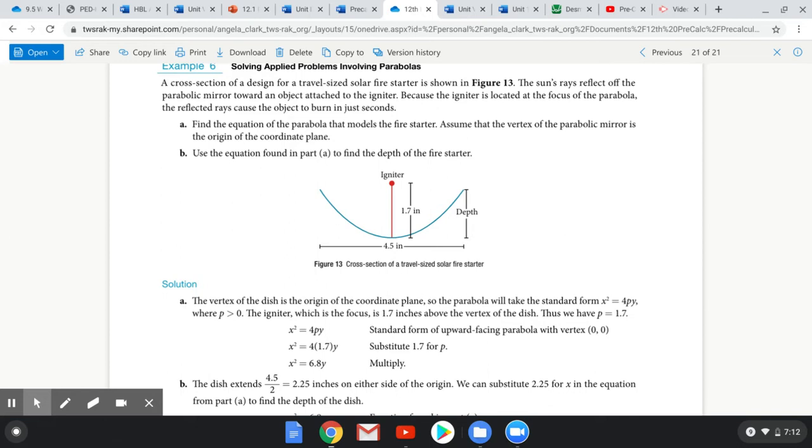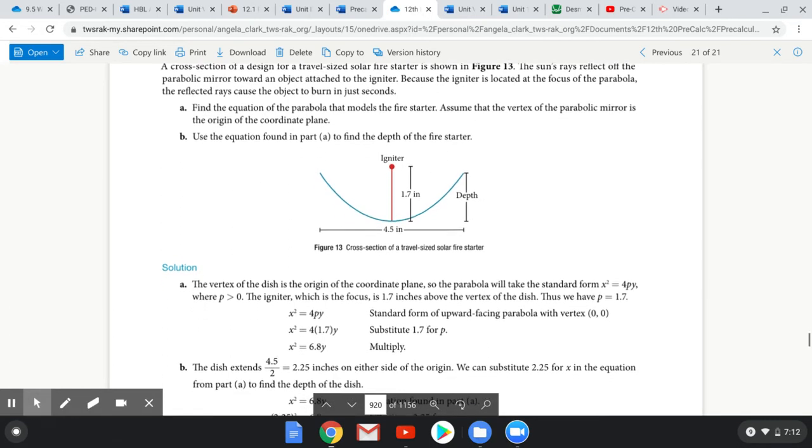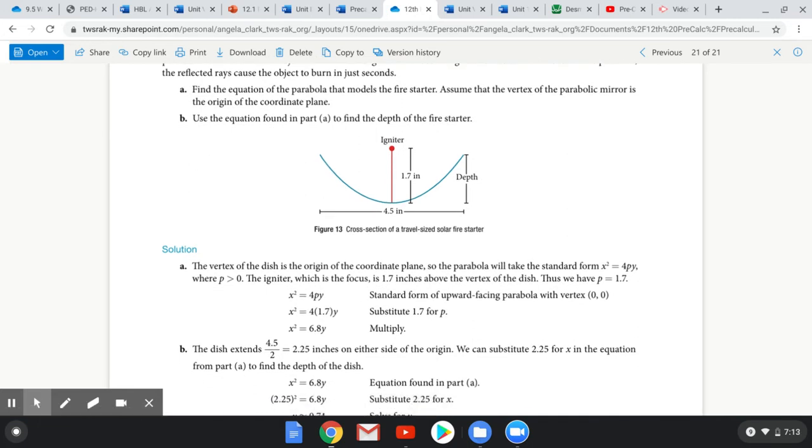So that's going to be part A. We're going to find our equation. And then in part B, we're going to find the depth of the fire starter. So in other words, we're going to figure out this distance here.